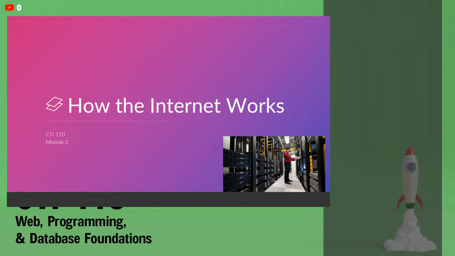So we're on to Module 2, which is about how the internet works. It's sort of an overview primer of just how all this works. And we talk about this for a reason. Really it's several reasons. One, it's good for us to have a baseline understanding of what's going on behind the scenes when these things are occurring.